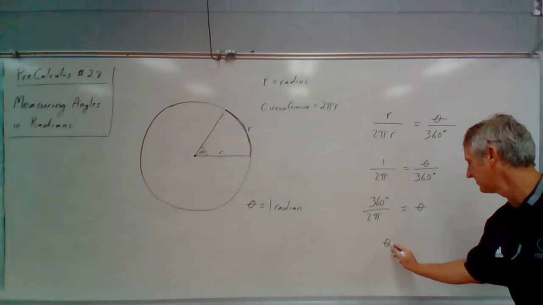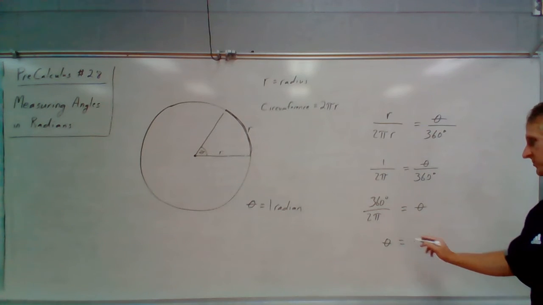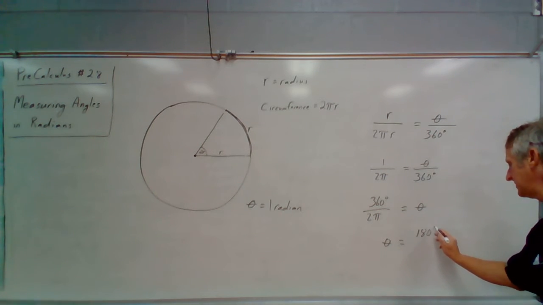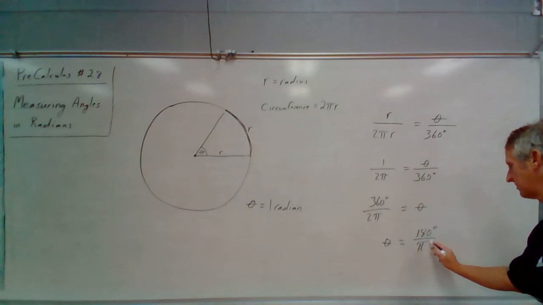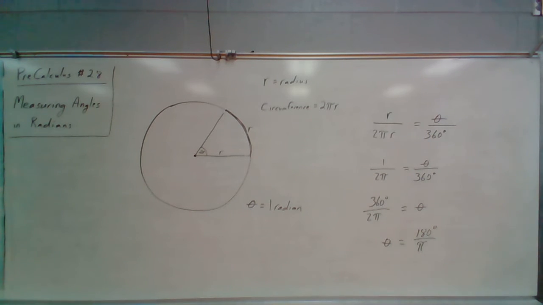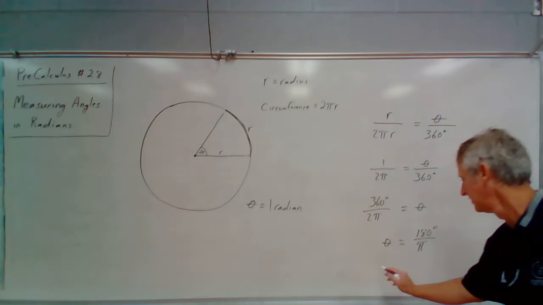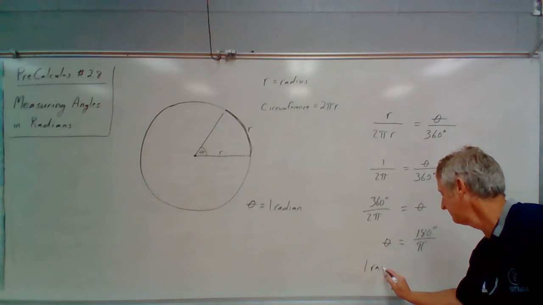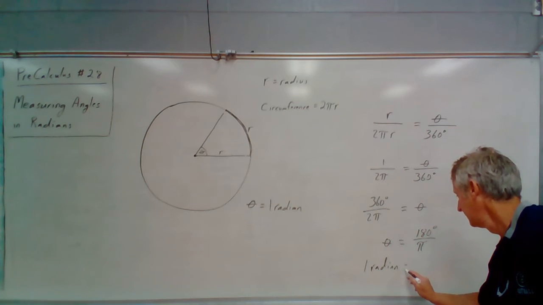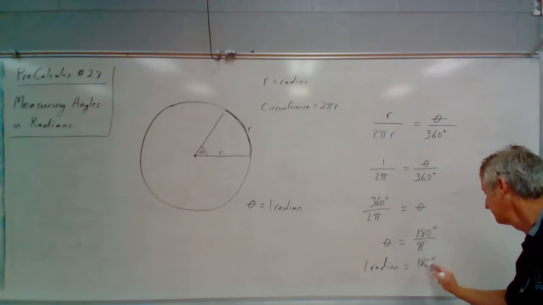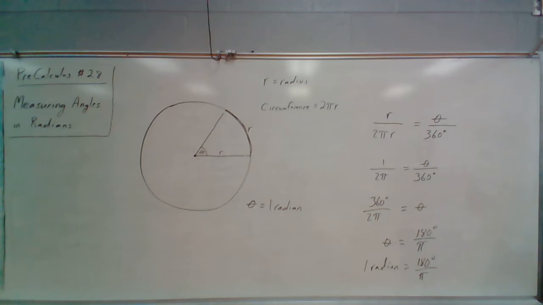Simplify that, and I'll get theta equals, divide those by 2, and I get 180 degrees divided by pi. Okay, remember that theta is 1 radian. So we know that 1 radian is equal to 180 degrees divided by pi.